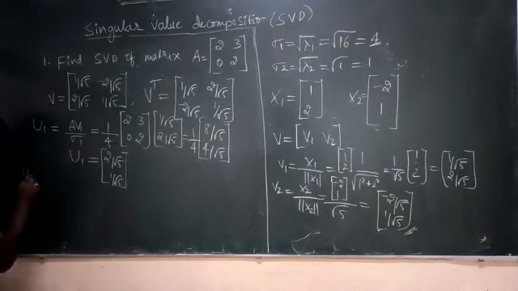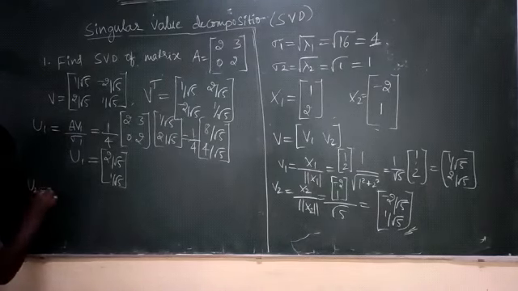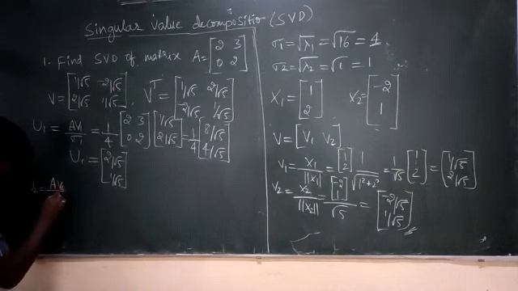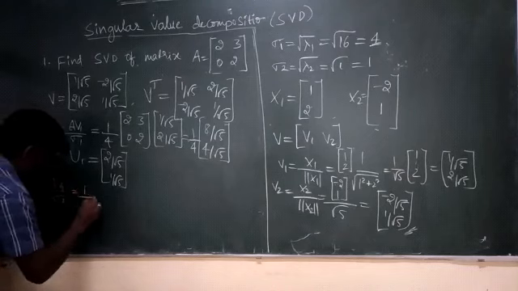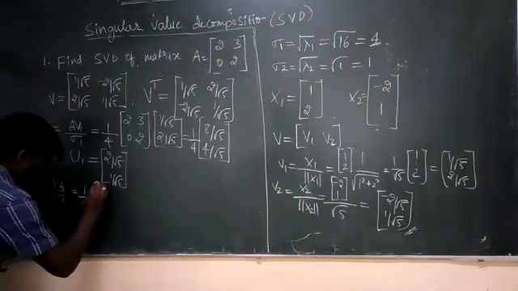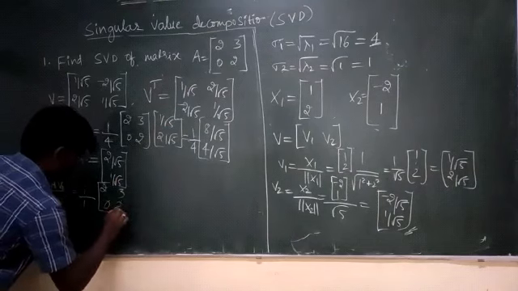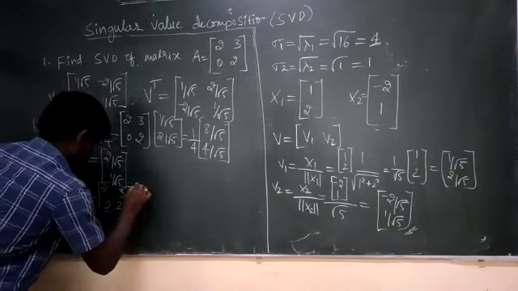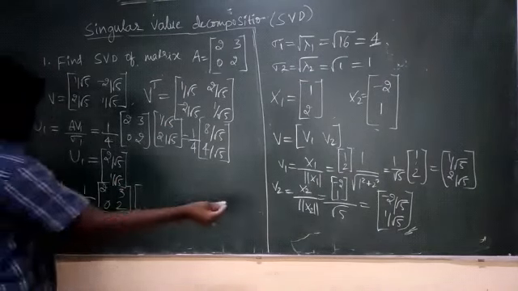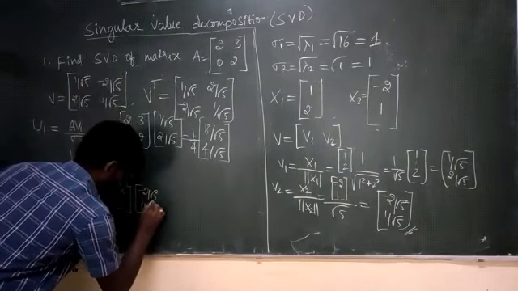For U2, we have A V2 by sigma 2. Here 1 by sigma 2, and the sigma 2 value is 1. Matrix A is [2, 3; 0, 2], and V2 is minus 2 by root 5 and 1 by root 5.